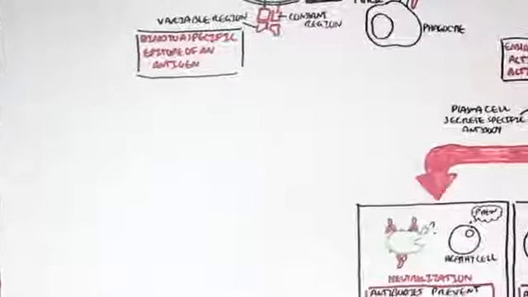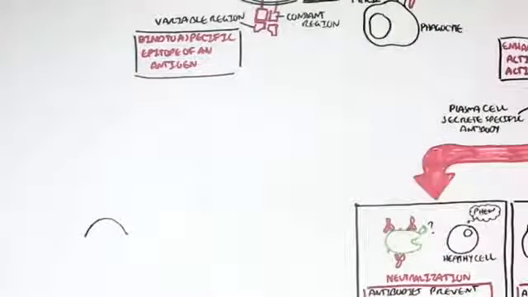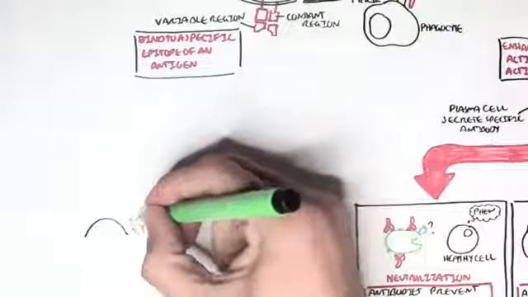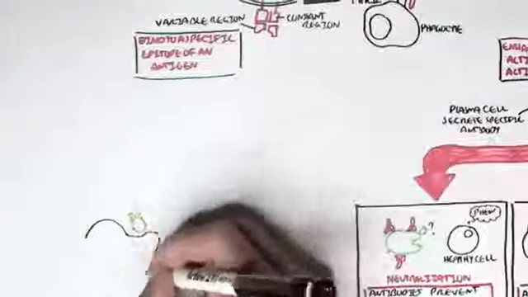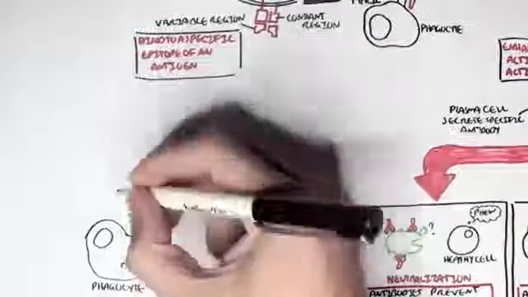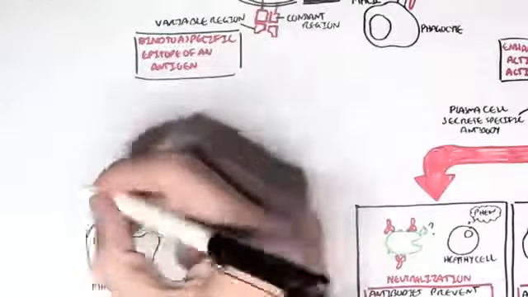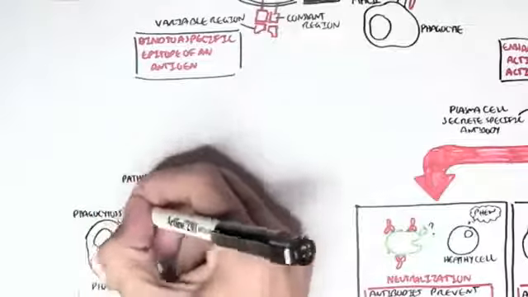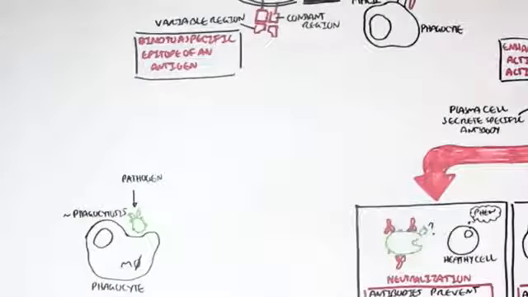Well, we have an antigen-presenting cell here, such as this phagocyte, and it will engulf this pathogen through phagocytosis. So the pathogen doesn't actually infect this phagocyte, but the phagocyte will engulf it, will phagocytize it.